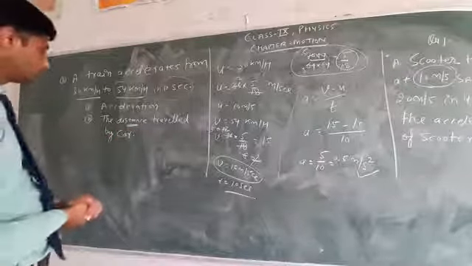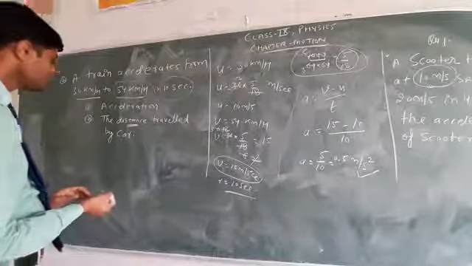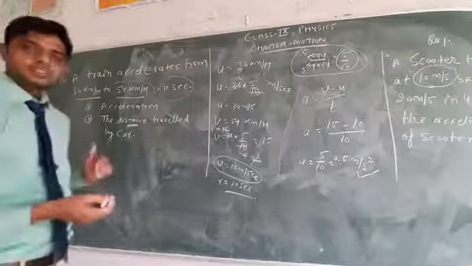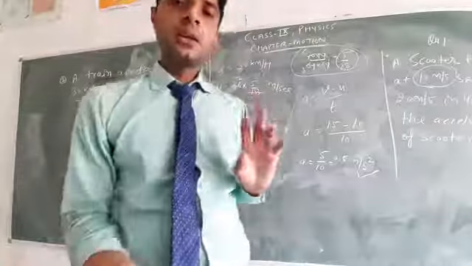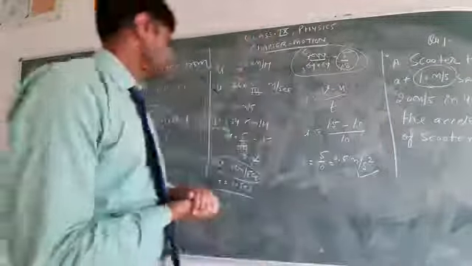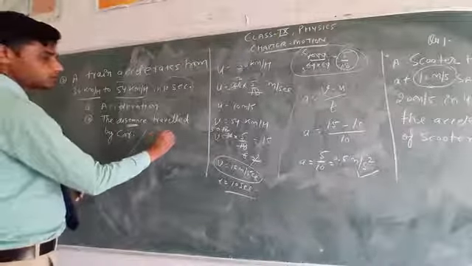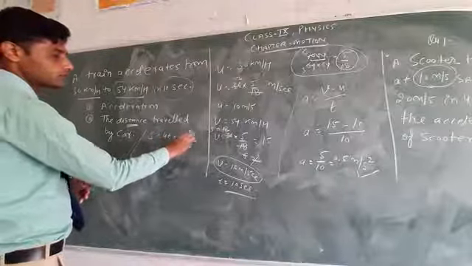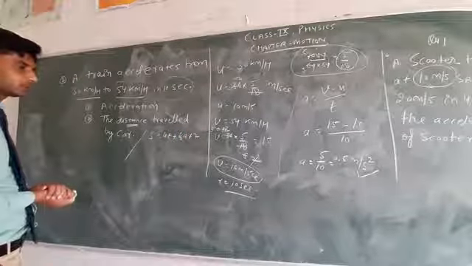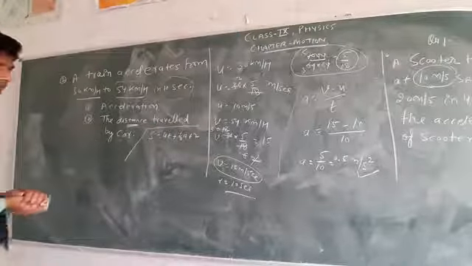So as you know, we can find distance by using the second or third equation, because in the second and third equations the term distance is given. s equal to ut plus 1 upon 2 at square. This is your second equation of motion.